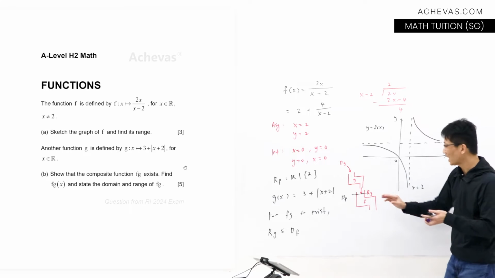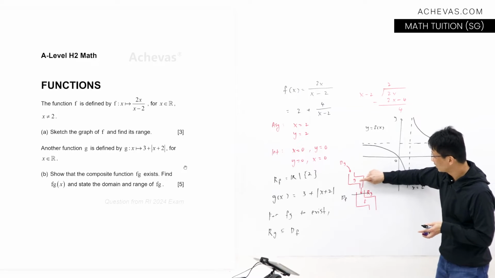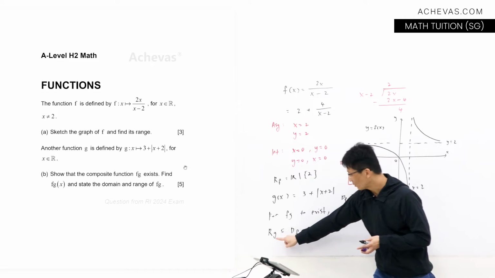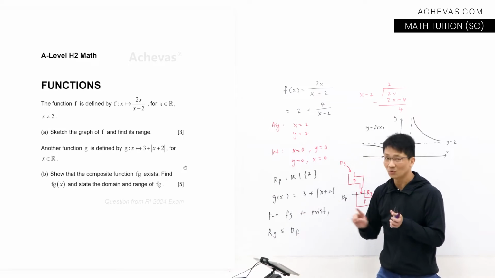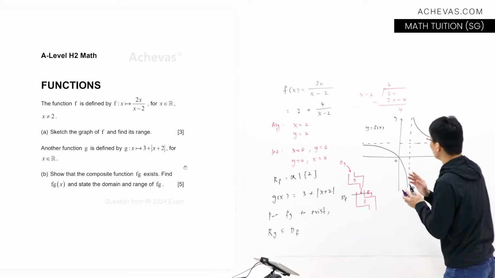We cannot have some values that are not accounted for. Every single value of the range of g must be fully contained within the domain of f. That is why we have this particular criterion in order for fg to exist. So we need to find out the range of g.